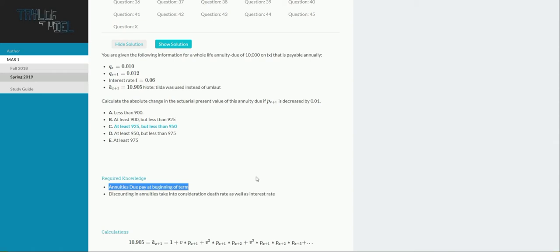In exam FM, you can think of it as doing physics problems where you ignored friction, and now we're trying to take that into consideration. If you die, you're not going to be around to see those later payments, so we have to take that into account as well.